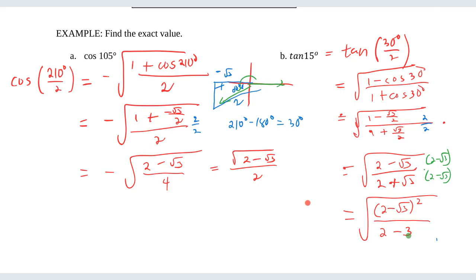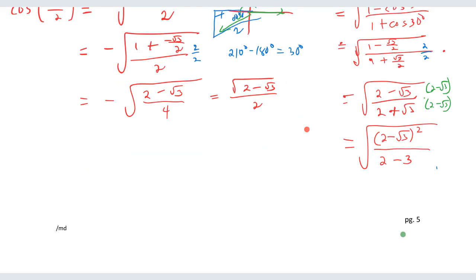Let me write that first so you can see: 2 minus the radical 3 squared over 4 minus 3, which is 1.